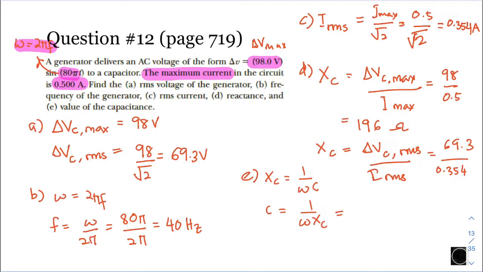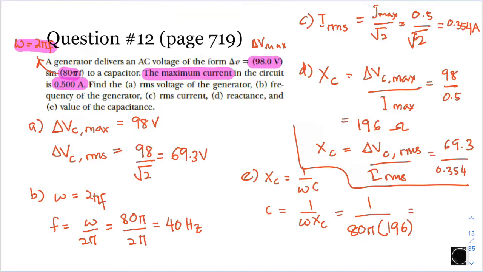So 1 over omega, which is 80 pi just now, times your XC, which is 196 just now.